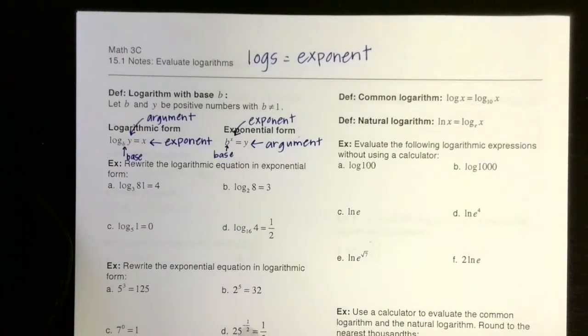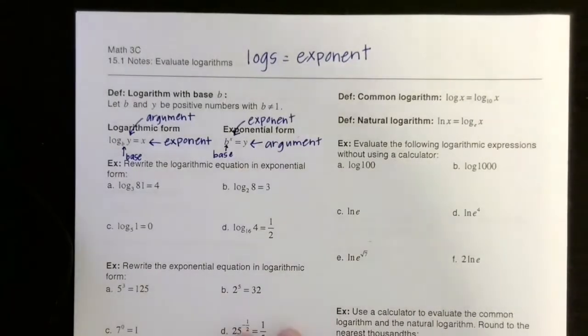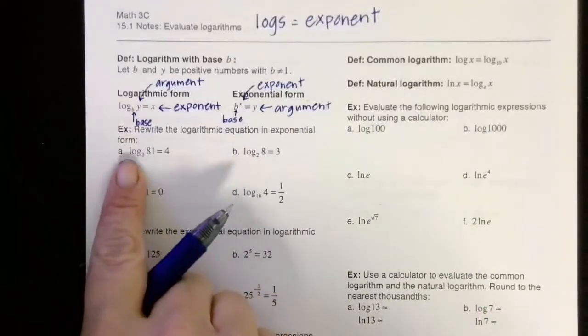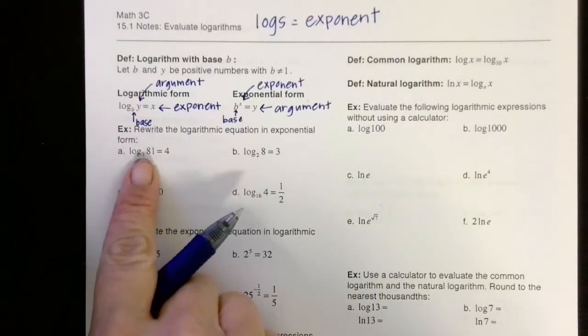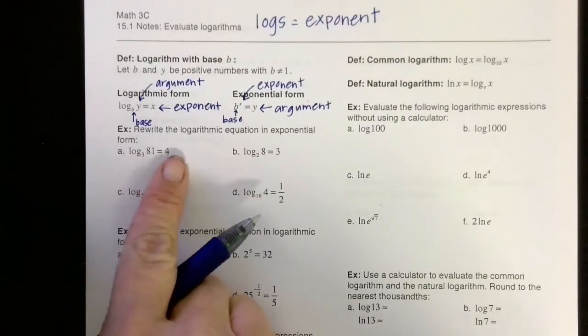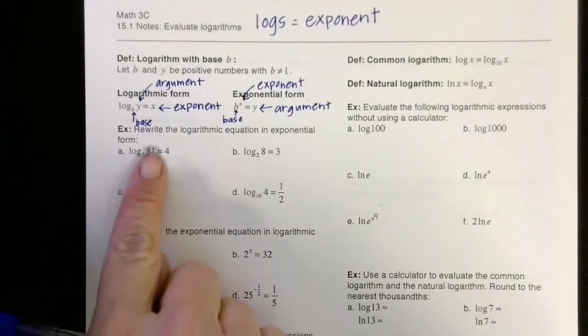So in the first example, we're just asking you to translate it from log form to exponential form. That's it. First of all, practice saying this: log base 3 of 81 equals 4. It's not log 381.